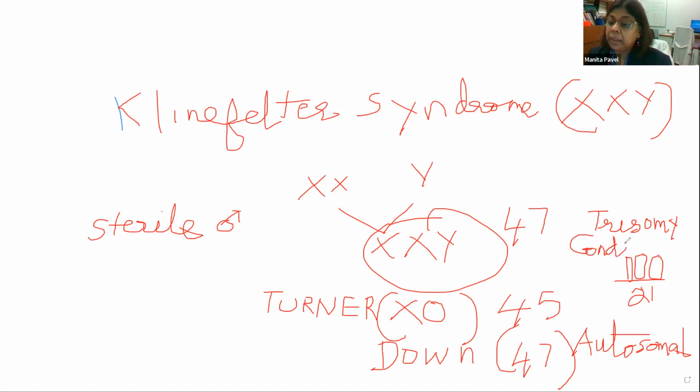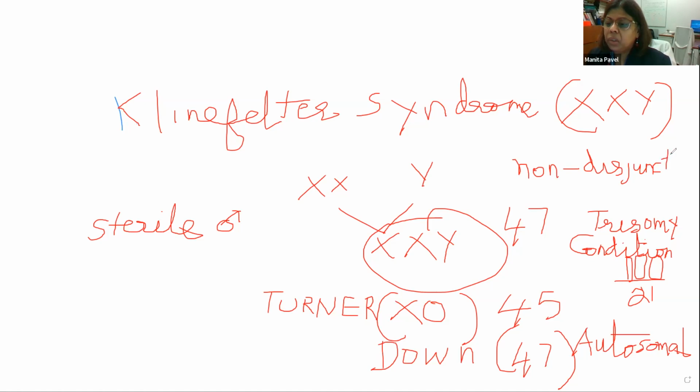And what is this due to? It is due to a process we call non-disjunction. Very important term. You will be asked this in the exam. I can also go through this in the lab with you so that we can better understand.